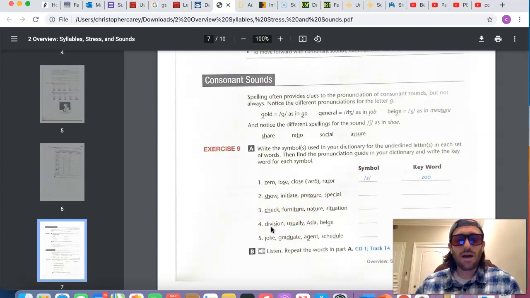So always keep an eye out for those patterns too. Hopefully you can identify some spelling patterns in which these consonant sounds usually are present. So that is consonant sounds and the differentiation of the pronunciation in English.